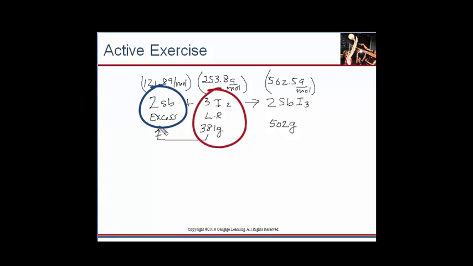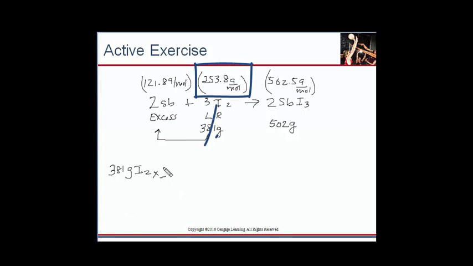So now let's see this way. We take 381 grams of the iodine. We use the molar mass from the periodic table. In 1 mole of iodine, there's 253.8 grams of iodine.